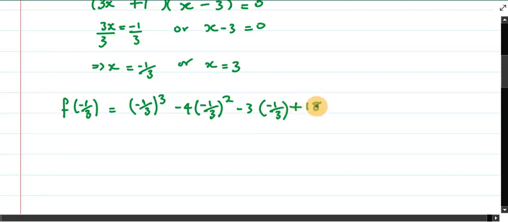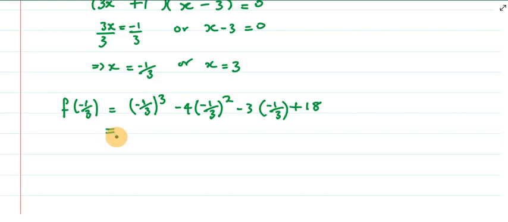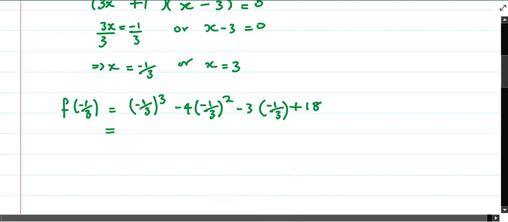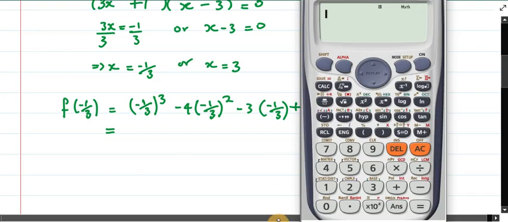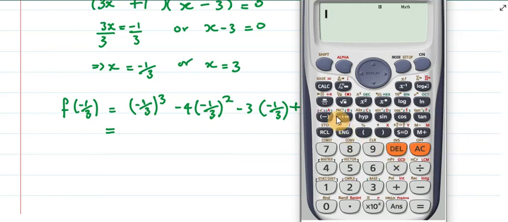It's +18, which is equal to, let us use this calculator of ours here. Okay, we open bracket 1 minus 1/3 cubed, to the power of 3, -4, open bracket, -1/3, close the bracket.